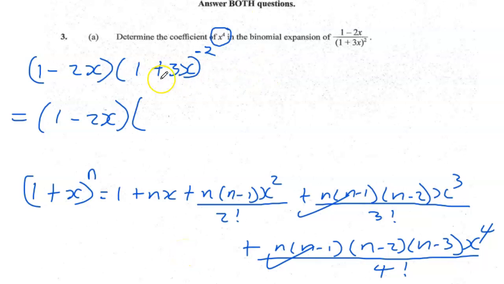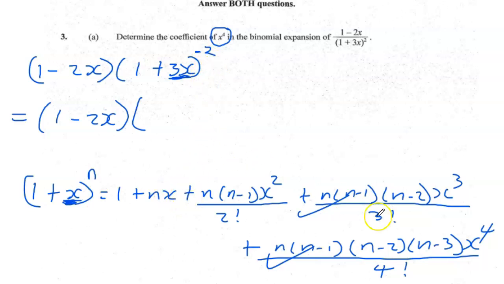Applying this formula to 1 plus 3x to the minus 2, n would be minus 2, and where we have x in the formula, we'll actually replace it with 3x.